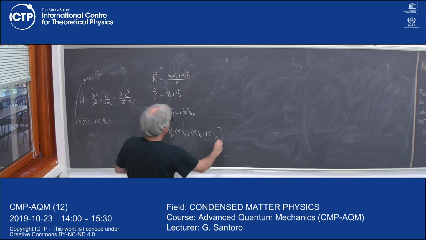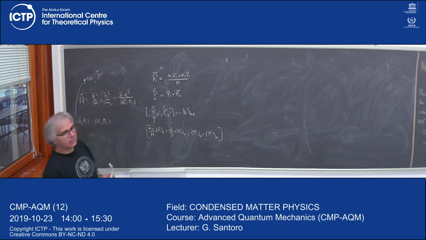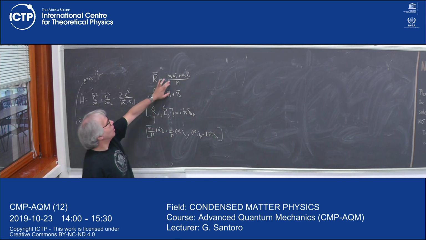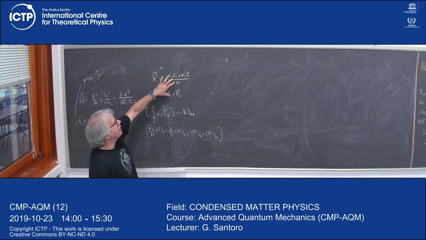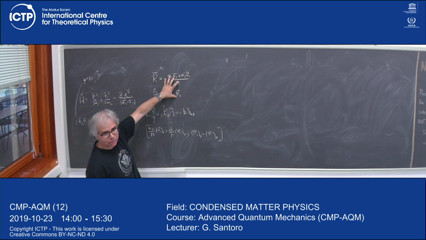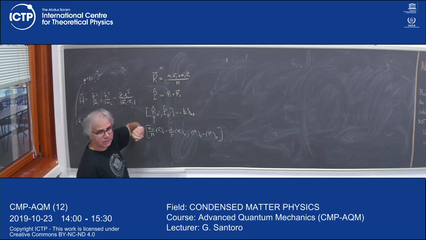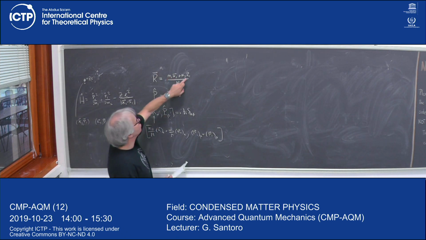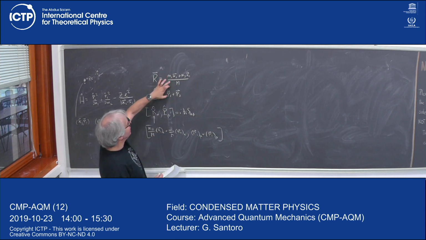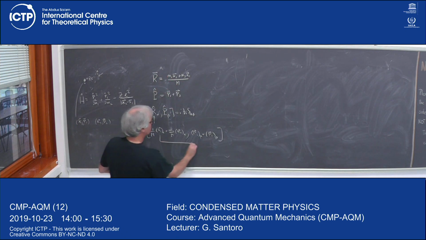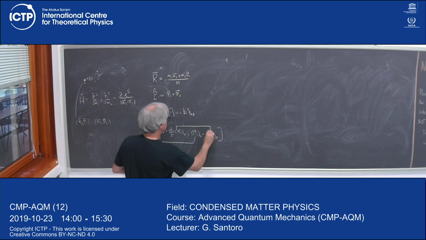Now, obviously, x1 and p2 commute, because this takes a derivative with respect to 2, and x1 doesn't care, and vice versa, these two commute. So I have to take only the commutator of these two objects.